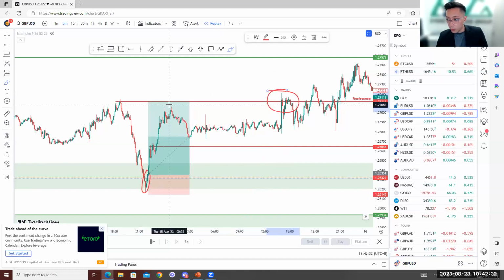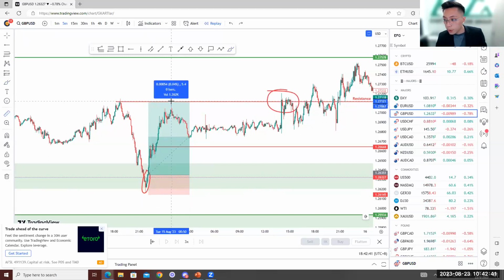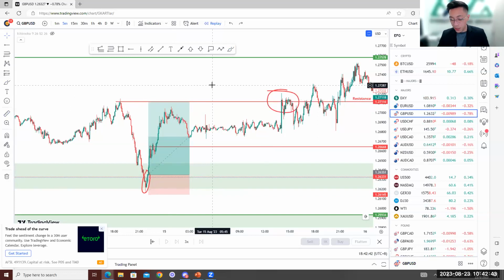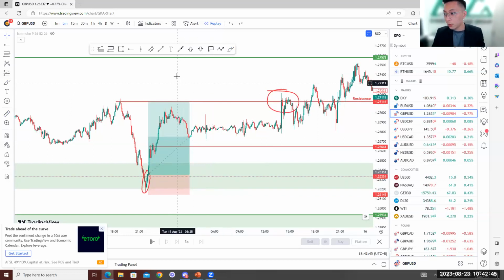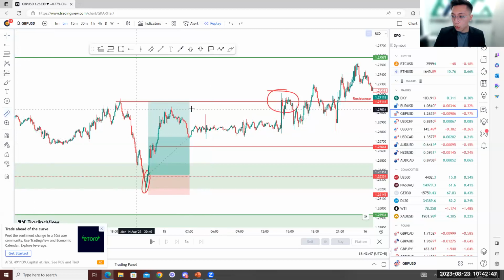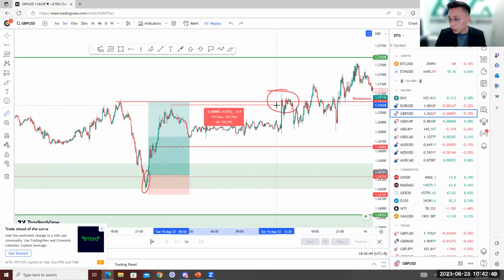But of course, if price is maybe 5 pips away, just close it. You don't want to risk having to wait so long. How many days is this?